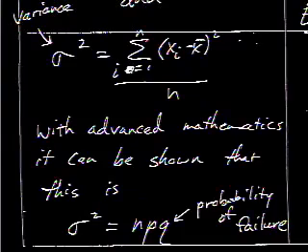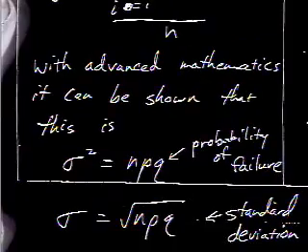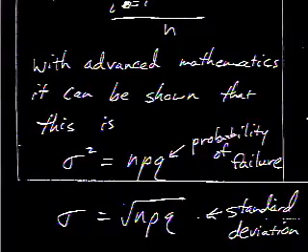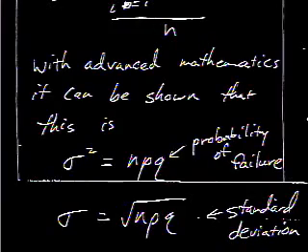Okay, now, obviously we like the standard deviation. One step away from that is just to take the square root of both sides of that equation. So there's our standard deviation formula, square root npq. The few examples that we're going to do from this section are just asking you to find the mean and the standard deviation. So not a lot of tough stuff in this section.